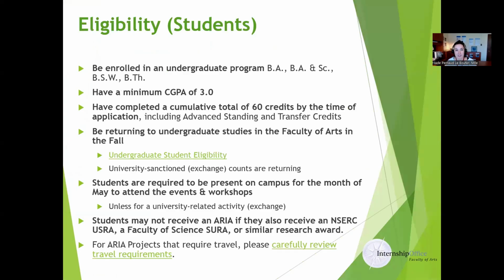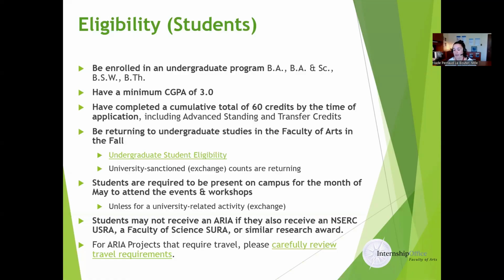In terms of student eligibility, you have to be currently enrolled in an undergraduate program, so Bachelor of Arts, Bachelor of Arts and Science, Social Work, or Theology. There is a GPA requirement of 3.0. If ever you've had a rough first year because of health issues or things like that, that you'd like to highlight in your application that has impacted your GPA, there's room to mention that at the end of the form.